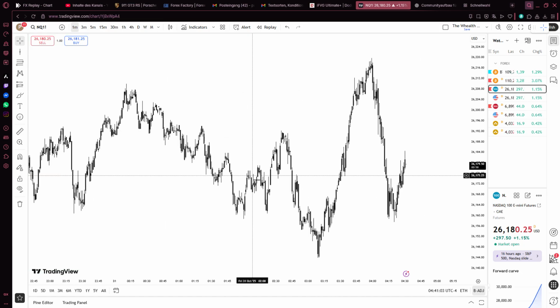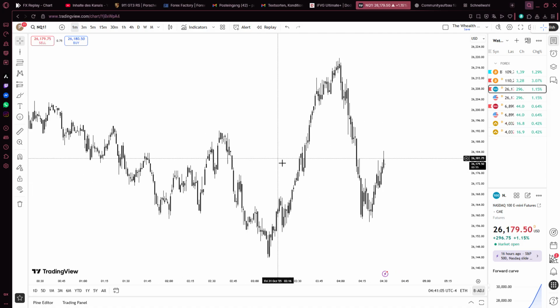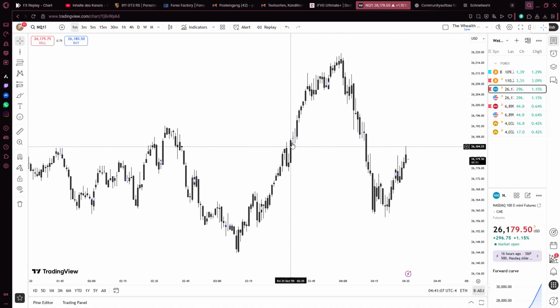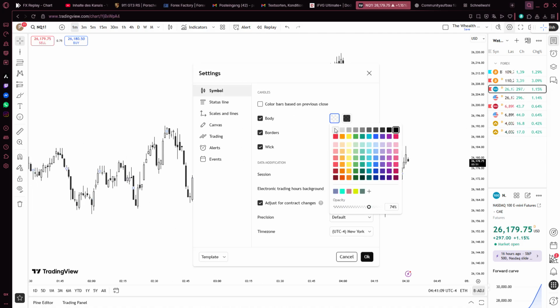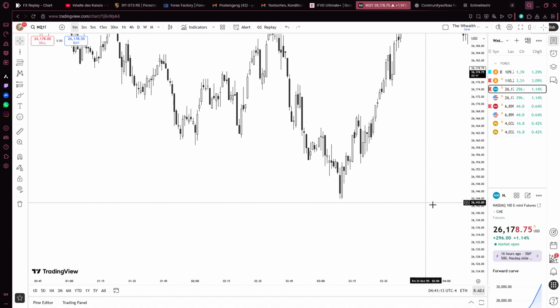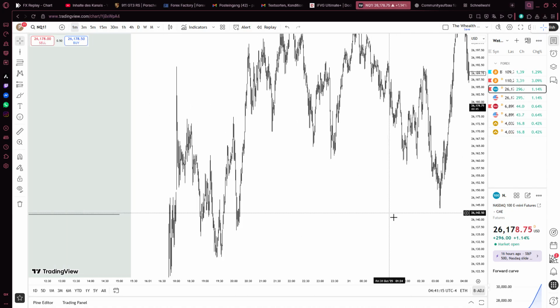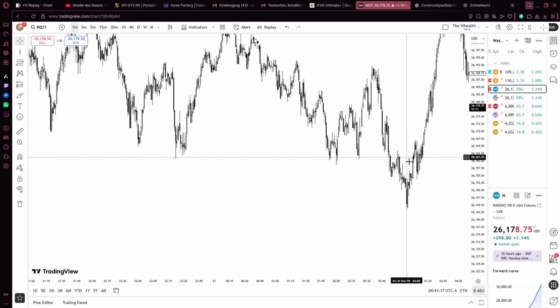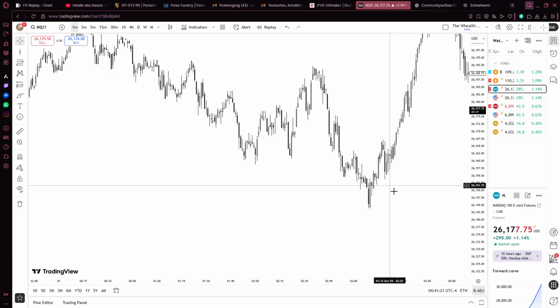There are two types of order blocks, and people trade them differently. Let me do it like this so you can see better. I personally only call an order block valid if it swept liquidity.